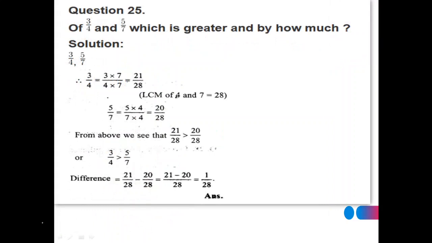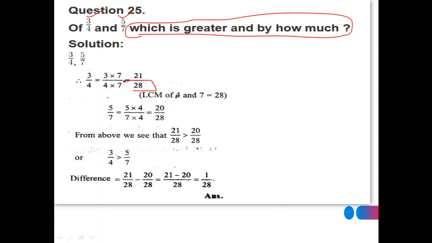Question number 25. Of 3 by 4 and 5 upon 7, which is greater and by how much? So how to find out which one is greater? By the LCM method, because they are unlike fractions. So we have to find the LCM, or we have to find the equivalent fractions. See 3 by 4, here we have to make the equivalent fraction with denominator LCM, 28.